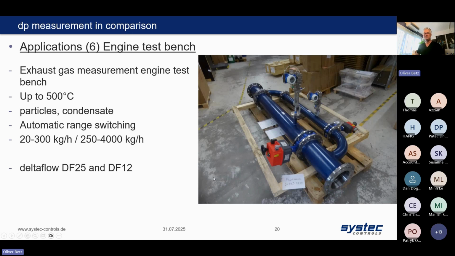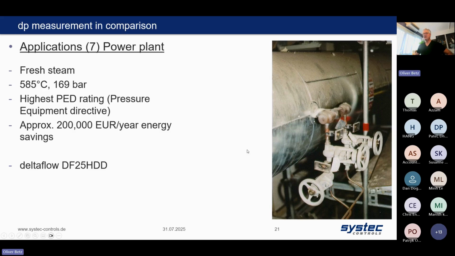We calibrated this device on our test bed. Accuracy over the whole flow range, better 0.5%. Very nice application. Here's a high pressure steam application, our Delta Flow high pressure steam. This is calculated with the Pressure Equipment Directive ratings. So 585 degrees Celsius, 169 bar.